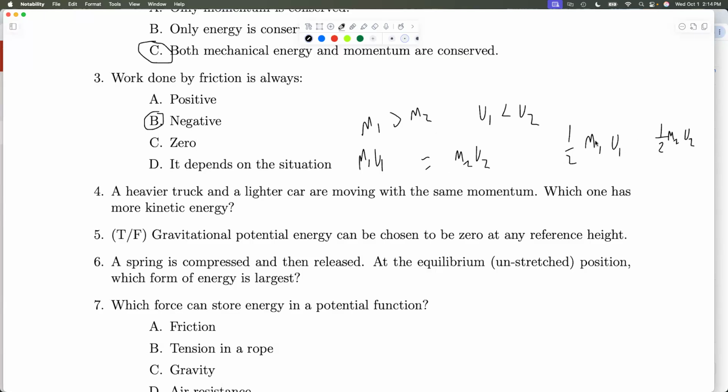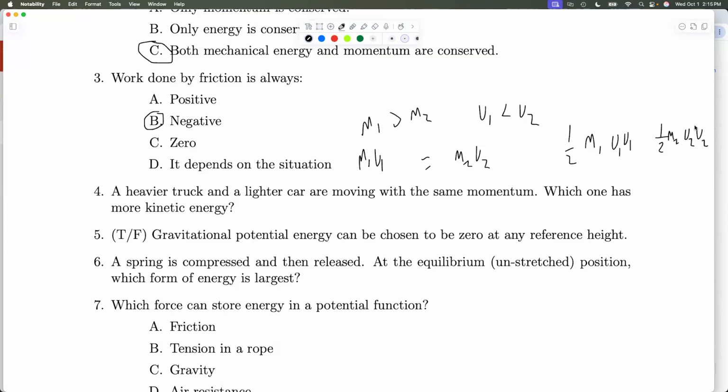If I multiply this now by another V1, I'll have his kinetic energy. Now, if I multiply this guy by V2, I'm multiplying this guy by something bigger. V2 is bigger than V1.